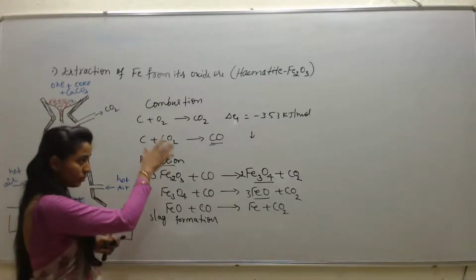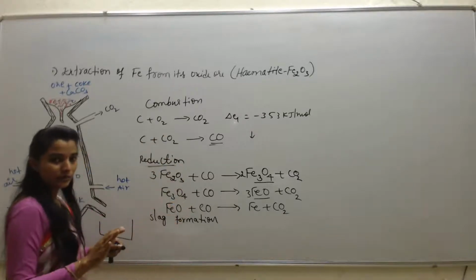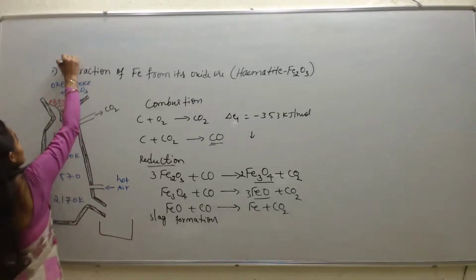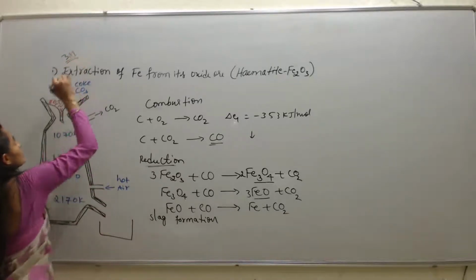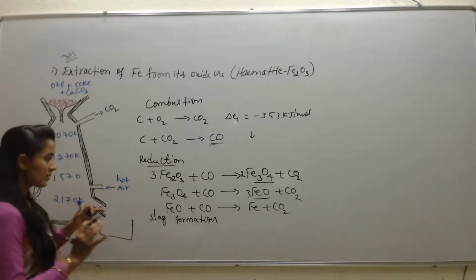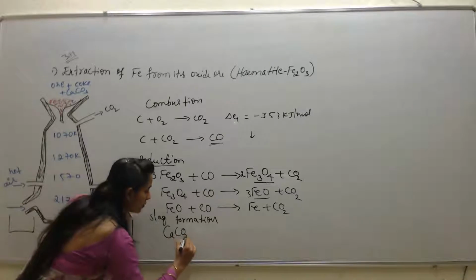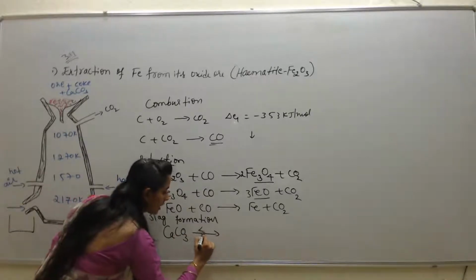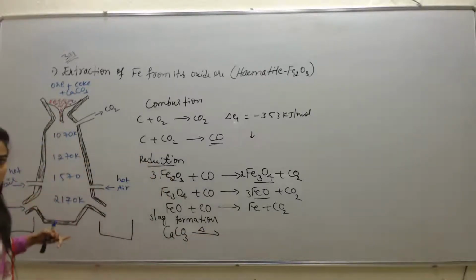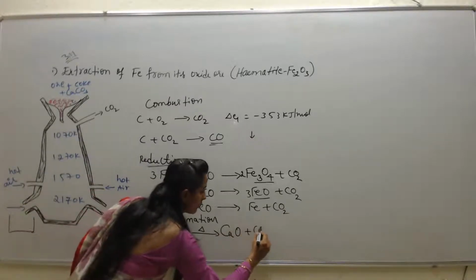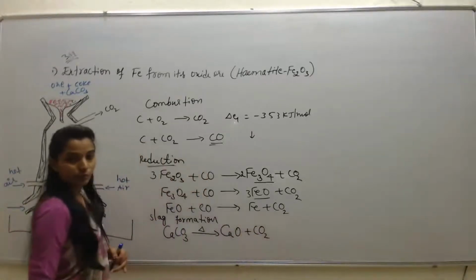Don't write this equation yet, wait for me, I will write it clearly because it is very important for 3 marks in the annual examination. Slag formation means first this CaCO3, when heated at the temperature present inside the blast furnace, decomposes to CaO plus CO2.